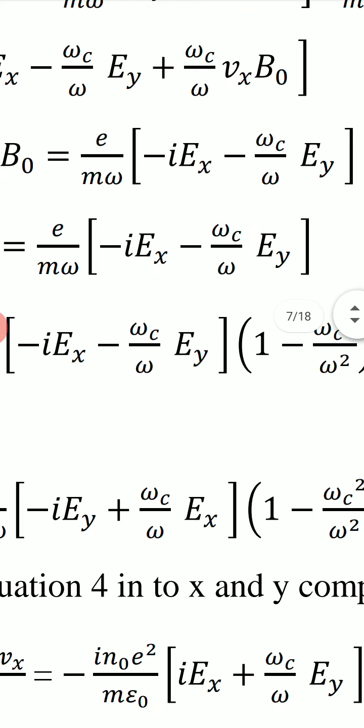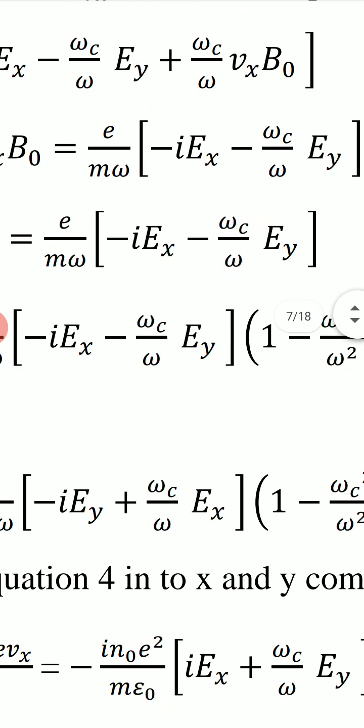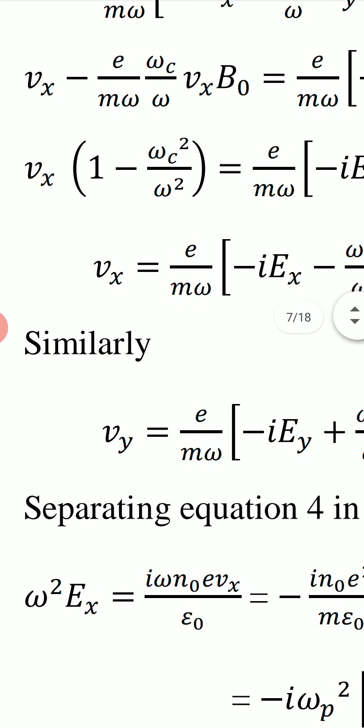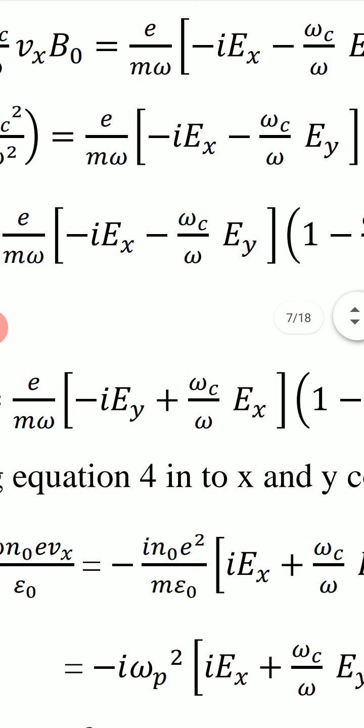And in the right hand side this term is the same. So we can find the value of Vx. Bring this term with Vx, 1 minus omega c square upon omega square, into the right hand side.